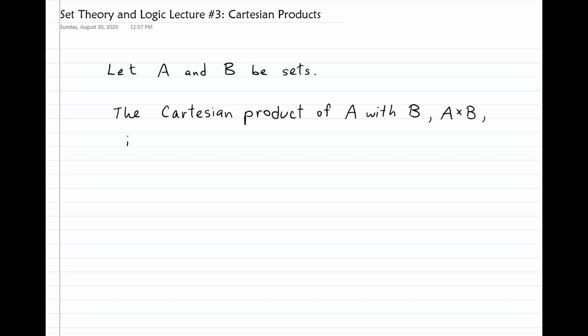It is the set of all ordered pairs of first entry from A, let me not use the word element here because I don't want to misuse it.